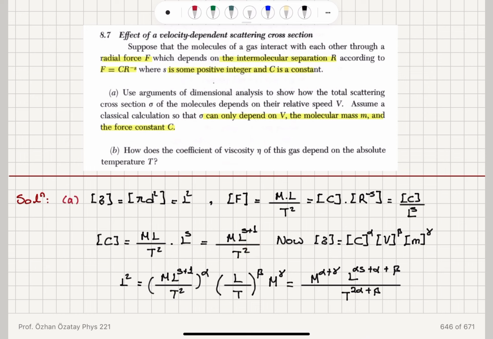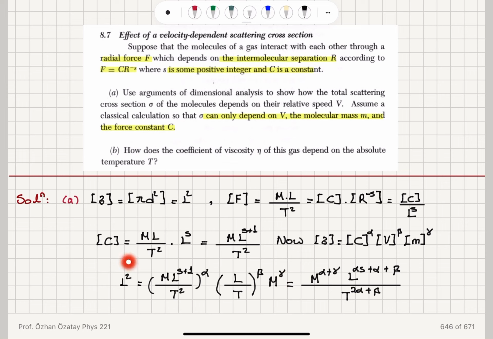And this sigma is given to be dependent on C, v, the relative speed, and the mass m. So C to the power alpha, so m L to the s plus 1 over t squared to the power alpha, v to the power beta, the dimension of the speed is length divided by time to the power beta, and the dimension of m, mass, m to the power gamma.